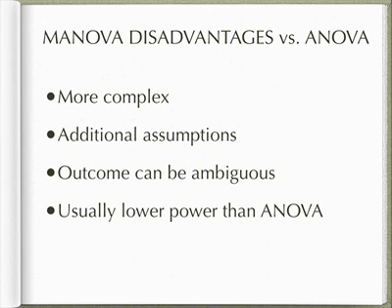And so even though at the multivariate level the results appear to be robust, that might not be the case when you start drilling down and looking at the individual univariate results. And there's less power, a greater likelihood of potentially making a type 2 error.